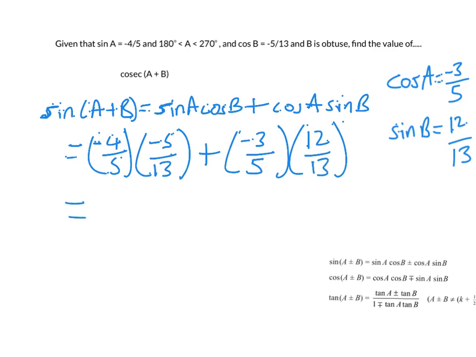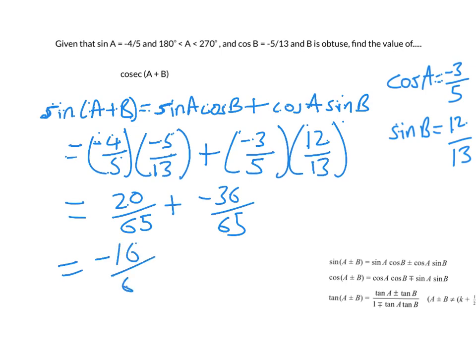So that's 20 over 65 plus negative 36 over 65. So we've got negative 16 over 65. Well, cosec's 1 over sine, so I just take the reciprocal. So cosec of A plus B is negative 65 over 16.